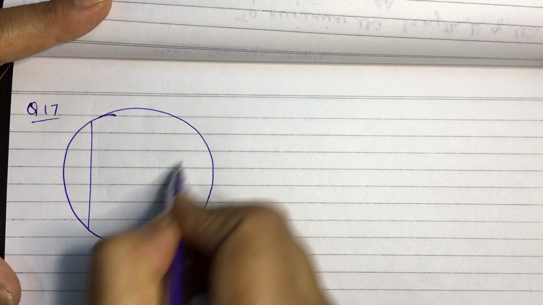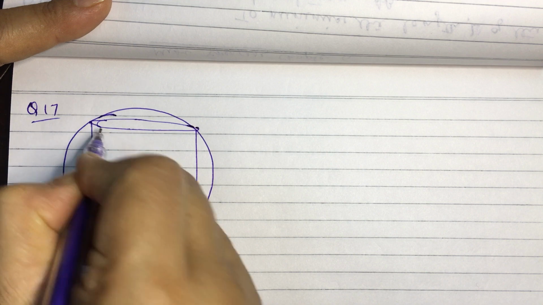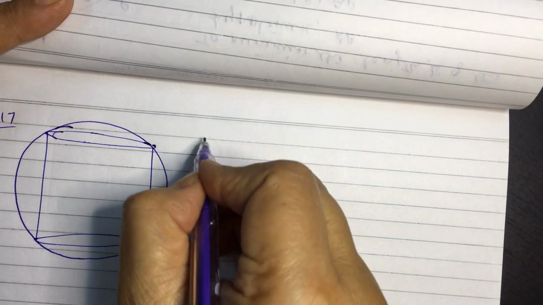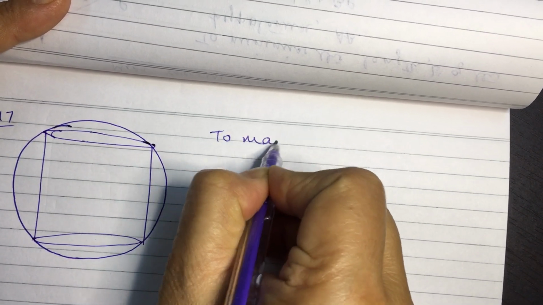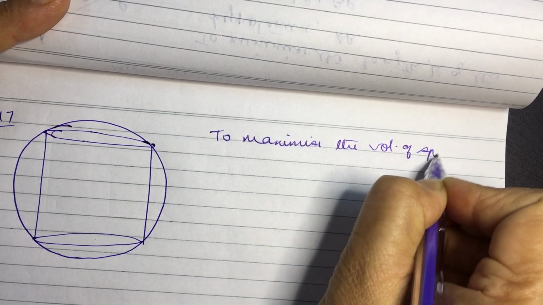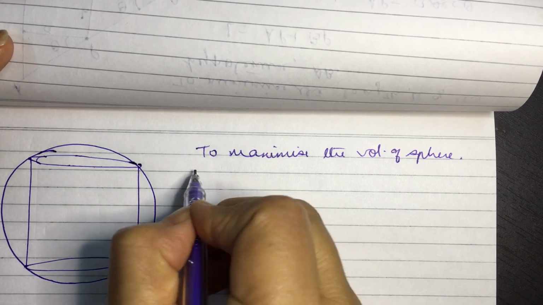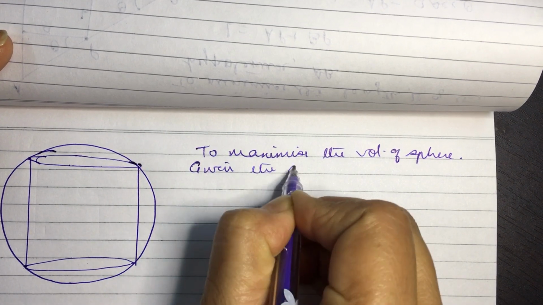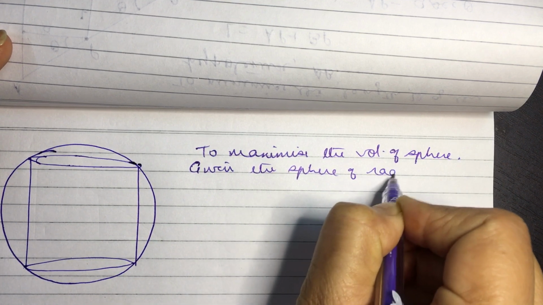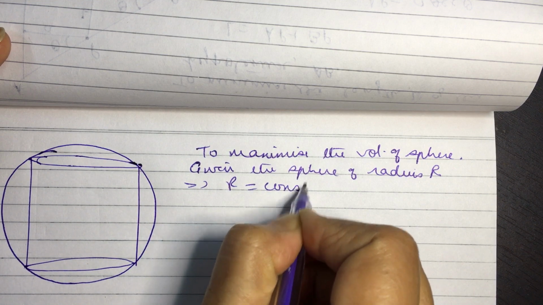cylinder which is inscribed in it. Okay. Now we have to maximize the volume of the cylinder. Now first of all, what is given to us? Given the sphere of radius r, it implies that r is equal to constant.